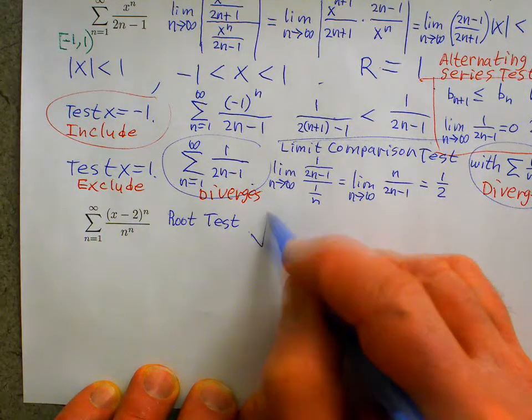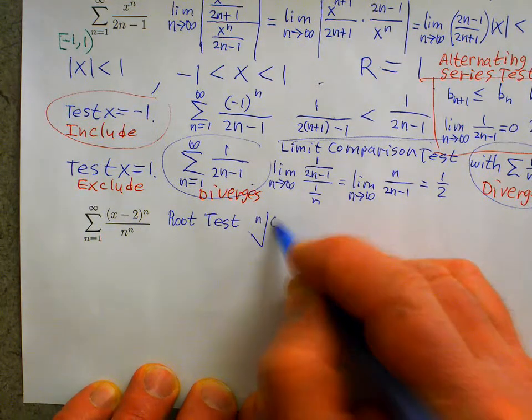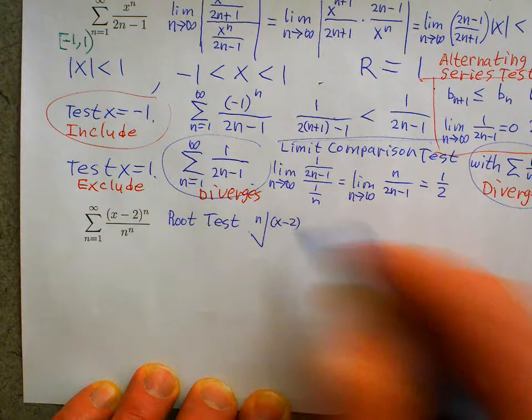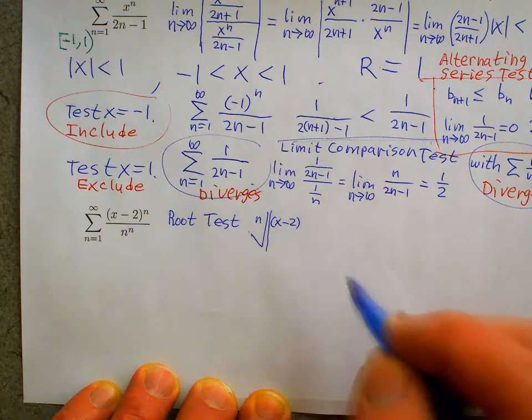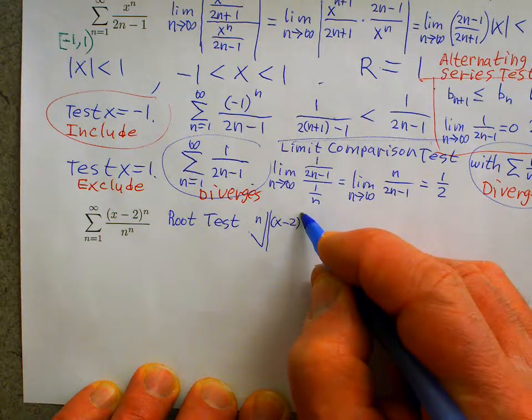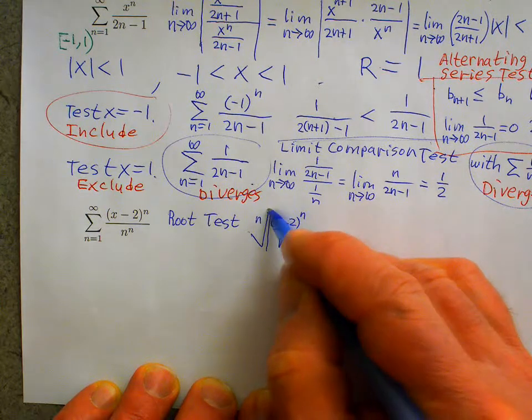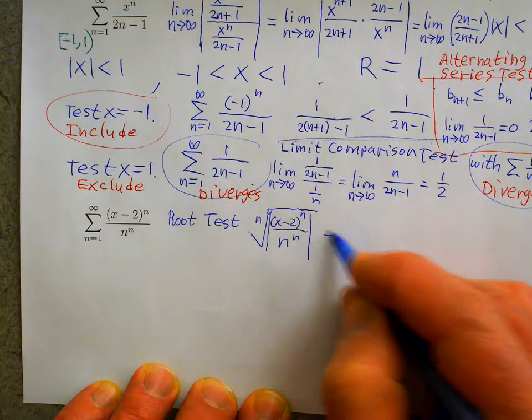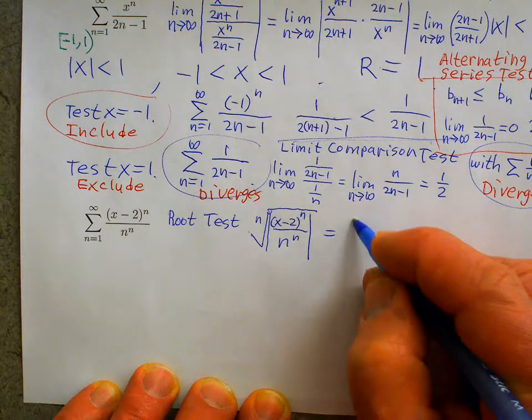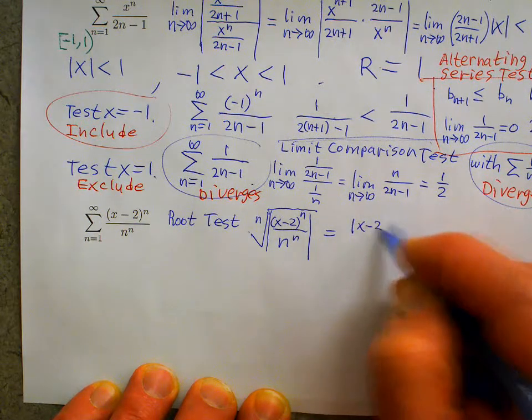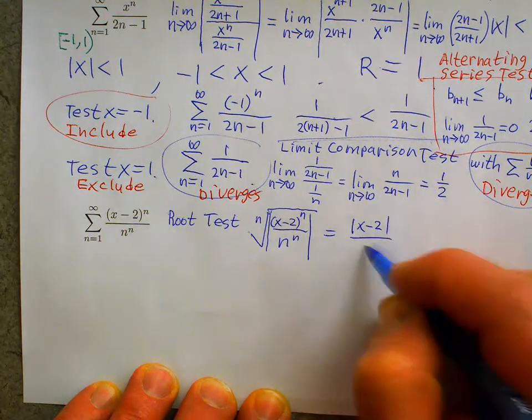So the nth root of the absolute value of x minus 2 to the n over n to the n, we get the absolute value of x minus 2 over n.